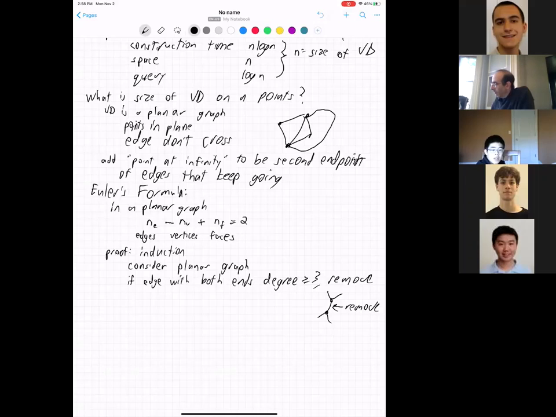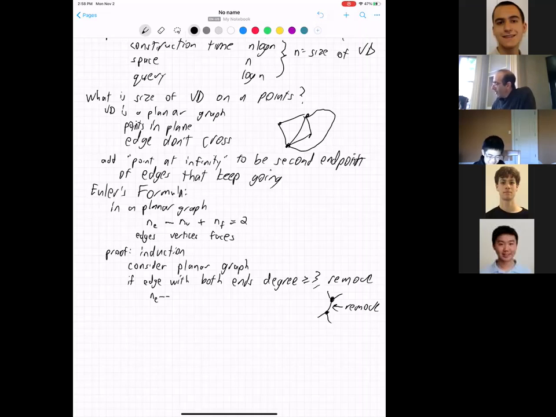V and E both decrease by 1 and F doesn't change. So if I'm removing an edge, then certainly N sub E decreases. Now, V is the number of vertices, and you'll notice that I still have those vertices. So what changes? F changes, not V. Exactly.